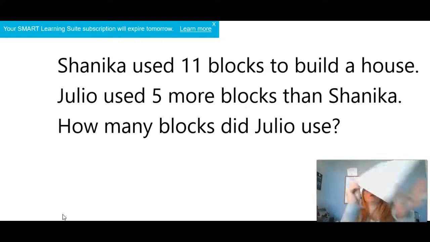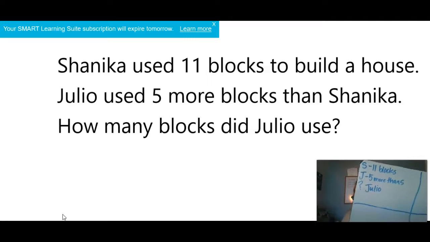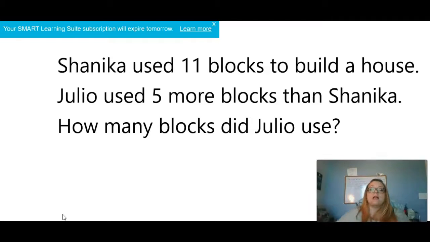All right, let's check your work. This is what yours should look like. Okay? All right. How many blocks did Julio use? We need to figure out what our biggest number is because you told me that Julio's is going up. So we've got 1 part of 5, we've got 1 part of 11, but we need to know how many total, right?